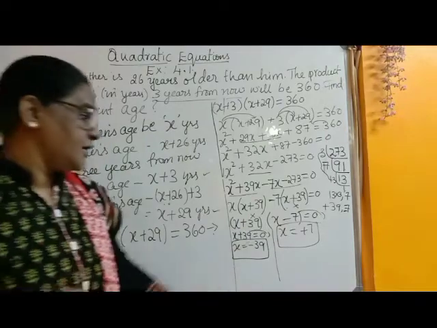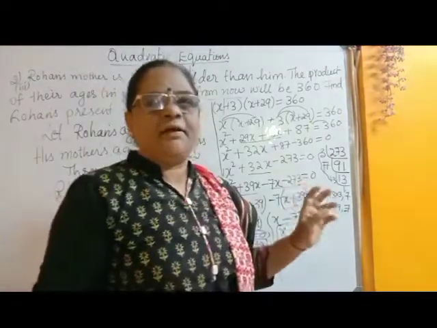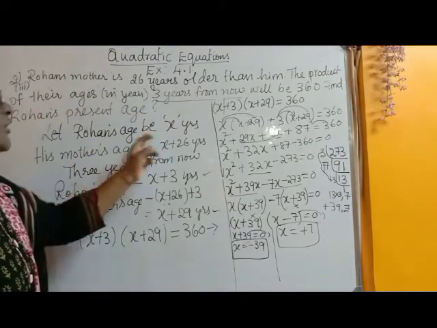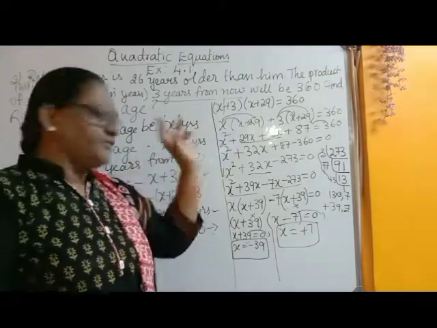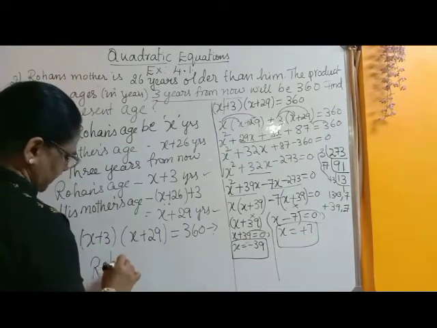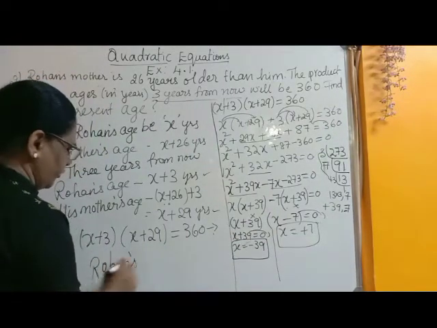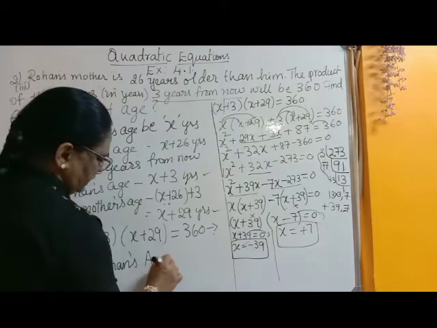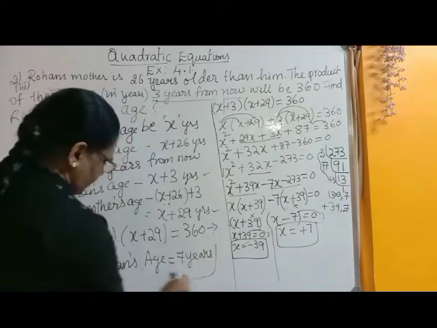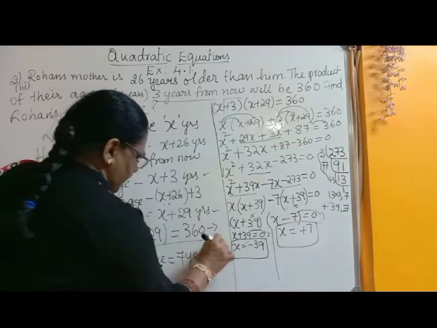So the value of x is 7. What is x here? x is nothing but Rohan's age. Rohan's age is 7 years. Here you write Rohan's age, you are asked only Rohan's age, no? Rohan's age is equal to 7 years. This is the final answer.